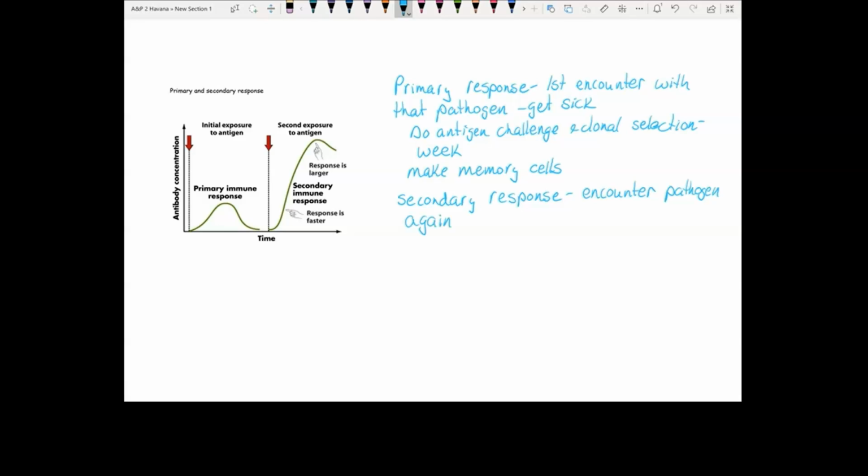You don't get sick again because this time you already have your army. Your memory cells are ready to fight immediately. And they destroy the pathogen before you get sick.